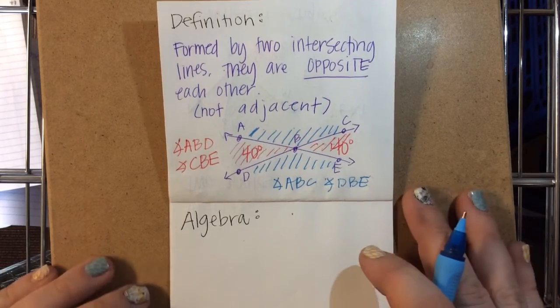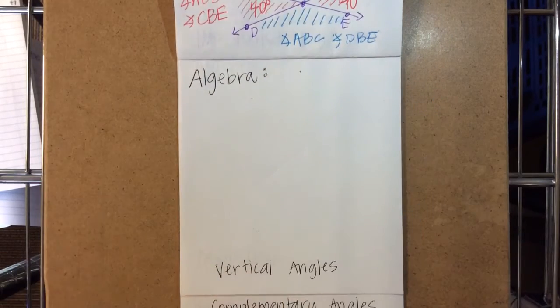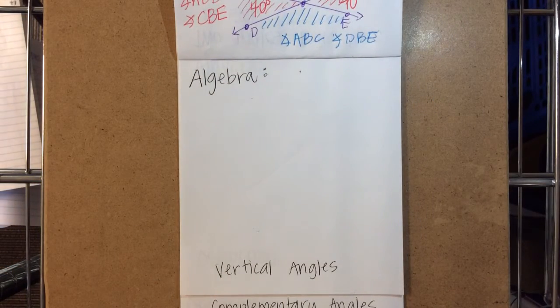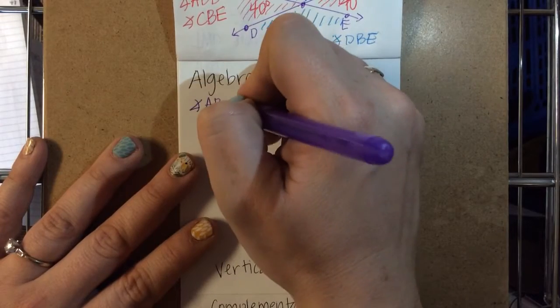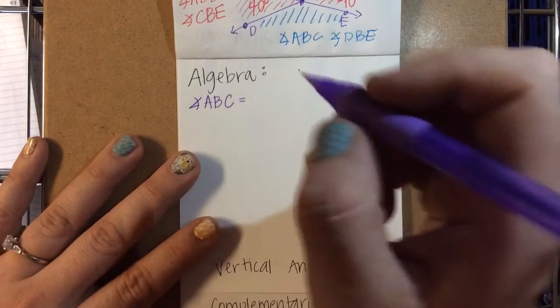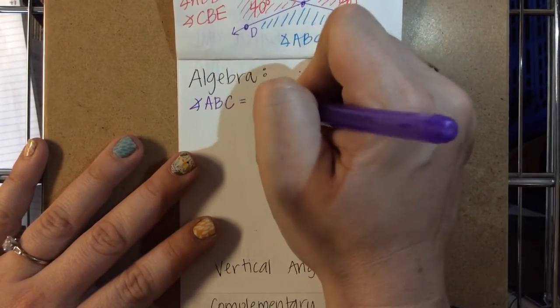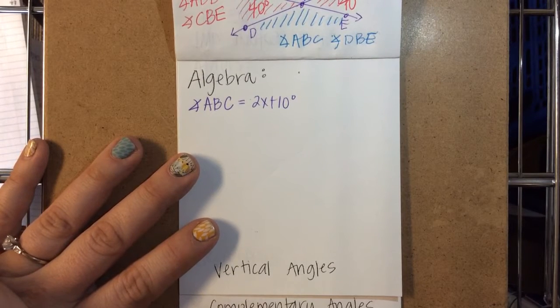So let's do some algebra. Are you ready? Because of course it's not going to be that easy. All right, I'm going to tell you that angle ABC is 2x plus 10 degrees. Isaac, please write this down. Angle ABC is 2x plus 10.